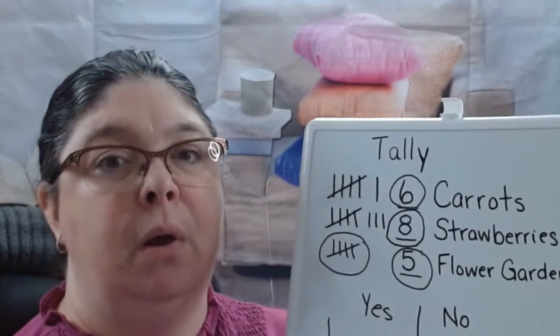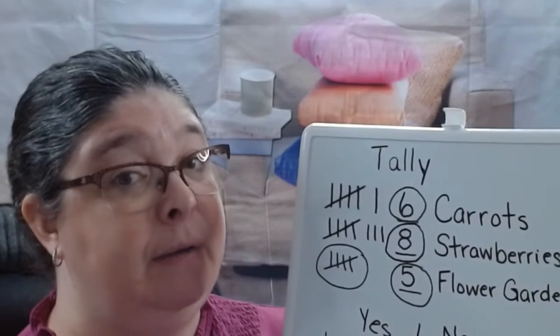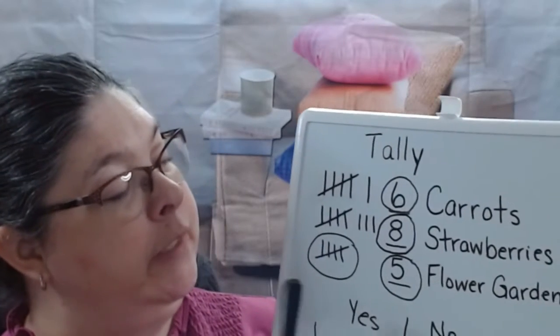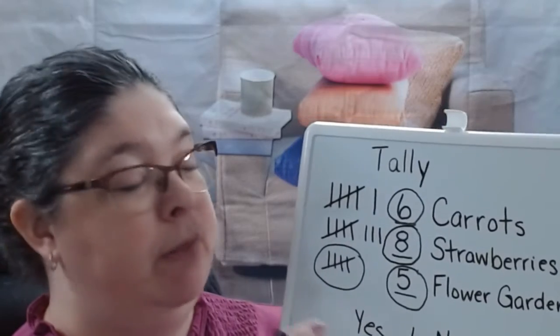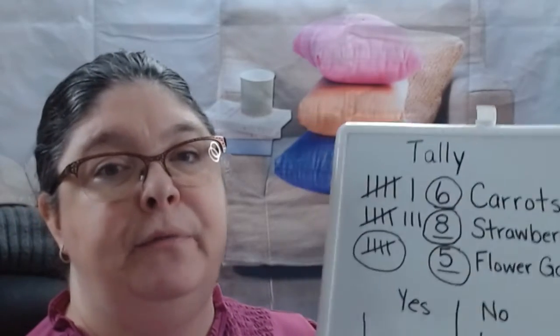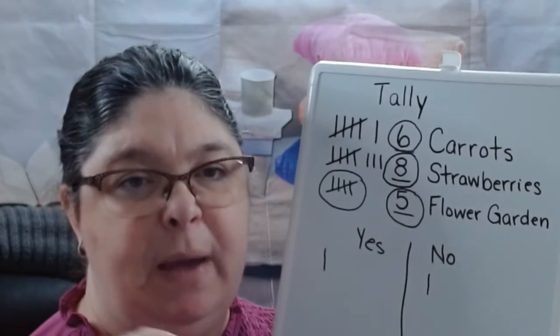Okay. So in kindergarten, they do need to learn how to count by 5s and 10s. So this is a good place to start with the tally marks, is counting by 5s. And I believe they only have to go up to 20, so it's not too bad. So I like to teach my kids to go 5, 10, 15, 20, 25, 30, 35.